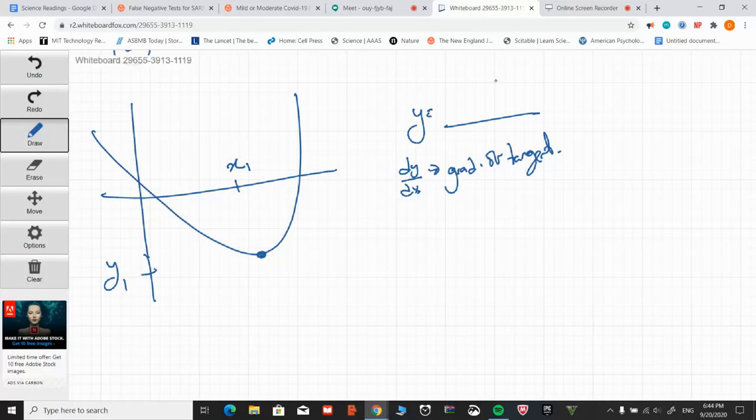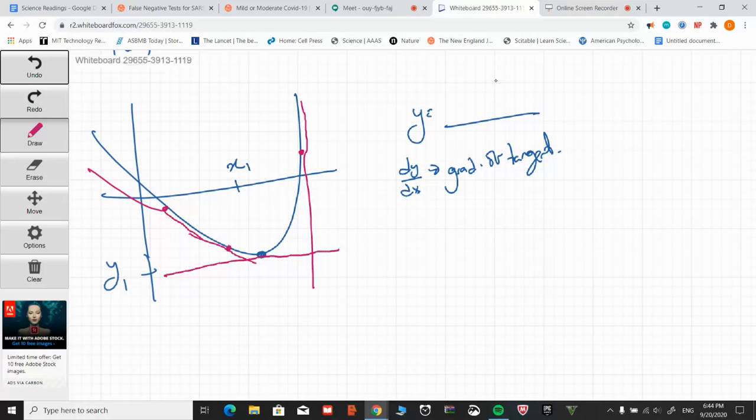And the idea is this. Now, if I were to draw a tangent at this point, the tangent would look something like this. If I were to draw a tangent at this point, the tangent would look somewhat like this. But a very special case happens when we look at the tangent at the peak or at the turning point. When you draw the tangent at a turning point, the tangent is always a horizontal line.